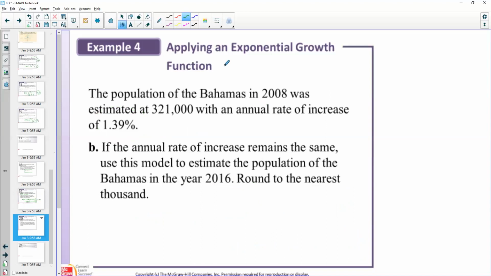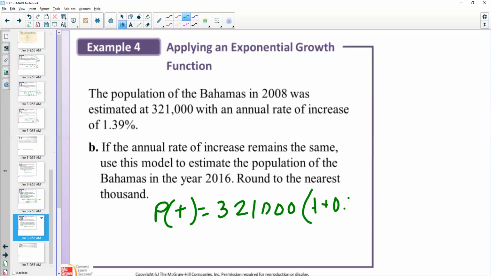Let's use our model to find the population in 2016, rounded to the nearest 1,000. So we take our model, P of t equals 321,000 times 1 plus 0.0139, all to the power of 2016 minus 2008, the difference. So that's going to come out to be an 8.